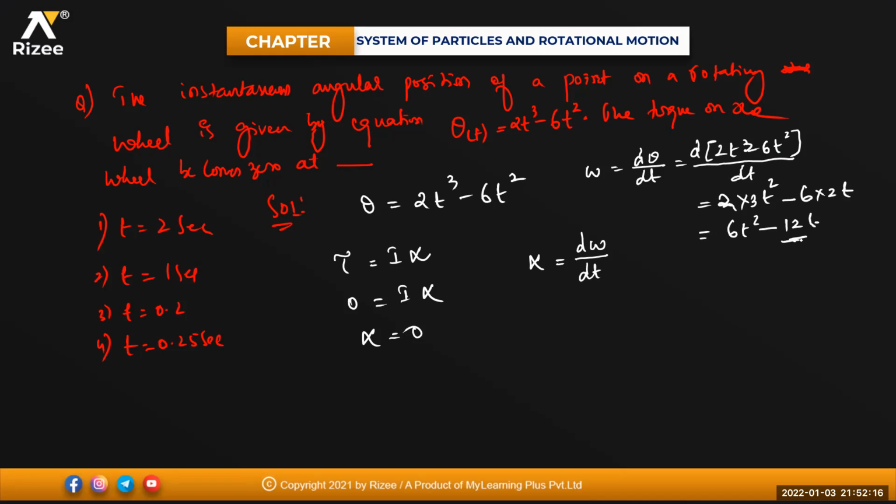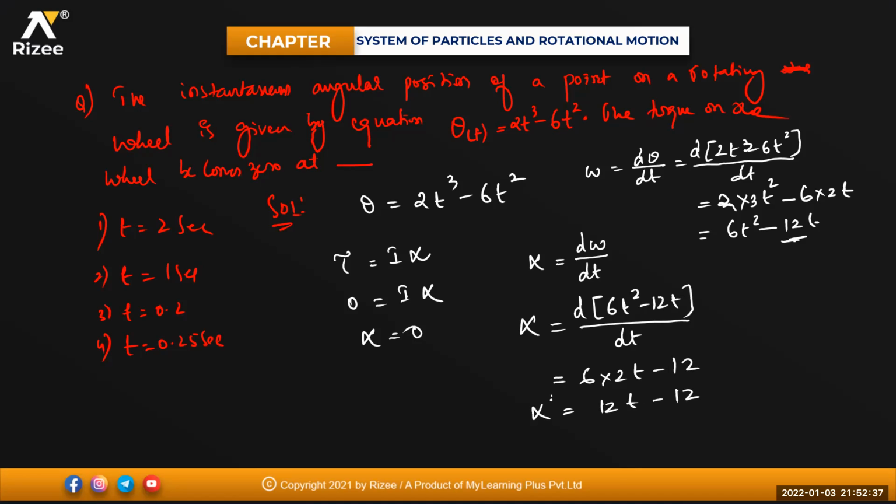That is omega. So alpha can be written as d of 6t squared minus 12t divided by dt. 6 out, differentiation of t squared is 2t, minus 12, dt by dt is 1. 6 twos are 12, so 12t minus 12. That is alpha. Now, what is the alpha value given in the problem?